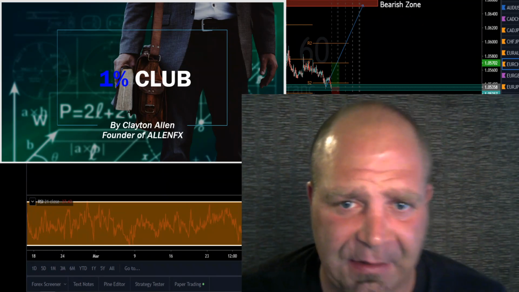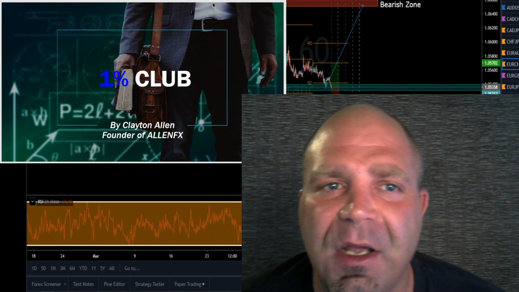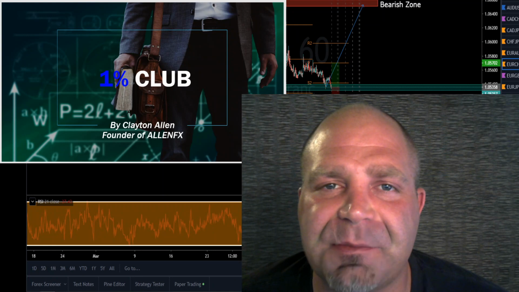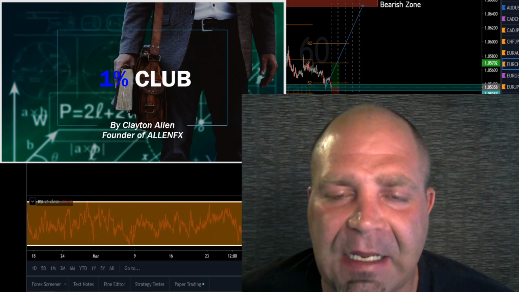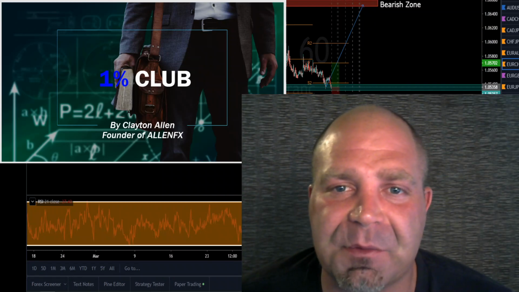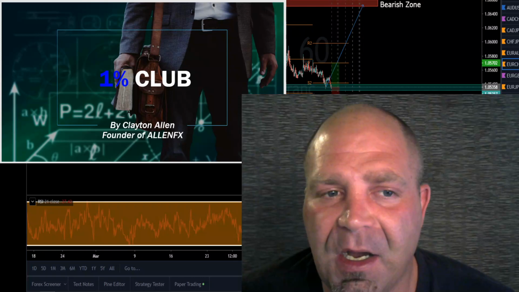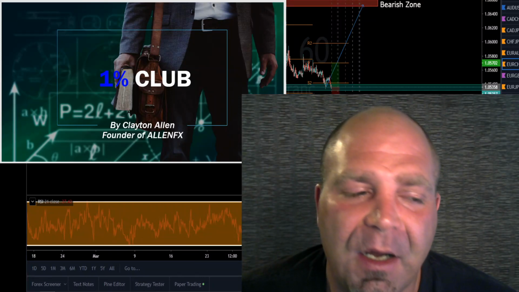Why do we use a daily? Because support and resistance is pretty probable, pretty good to predict on a daily. So we put those zones in, and when we're looking at smaller time frames for entries later in the week, we know if we're in one of those zones or not.